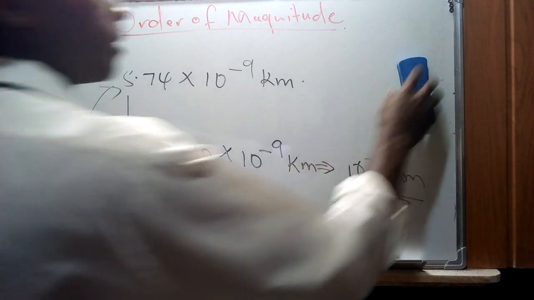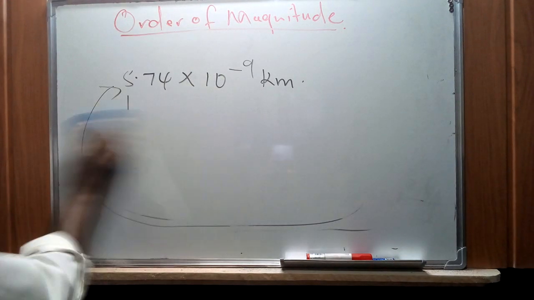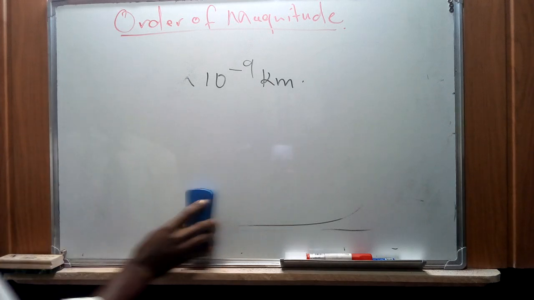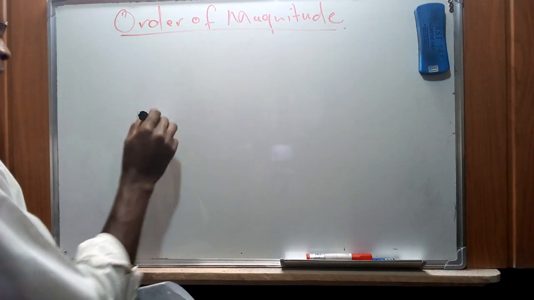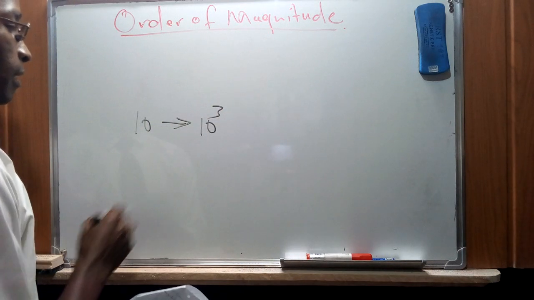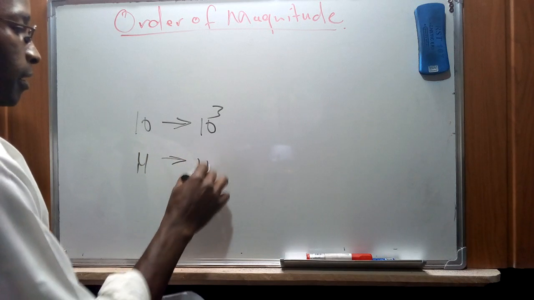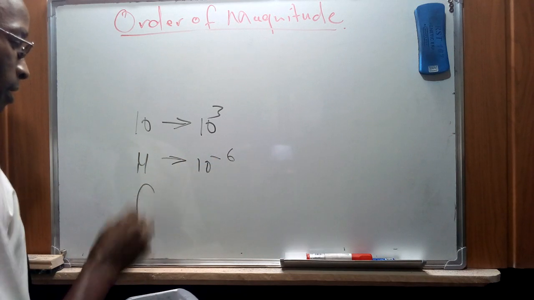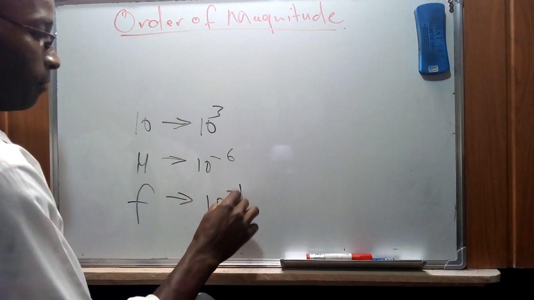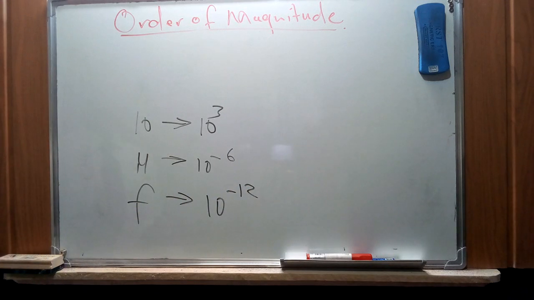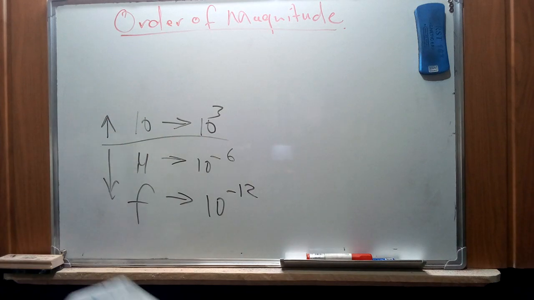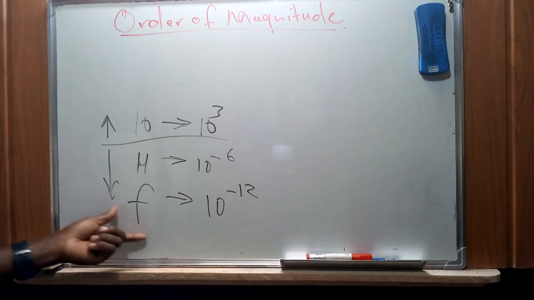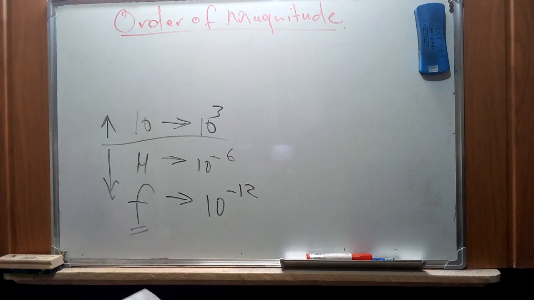There are different prefixes that we use to represent different quantities as far as the powers of 10 are concerned. Of course, we are familiar with the kilo, which represents 10 to the power 3, the micro, which represents 10 negative 6, and the femto, representing 10 negative 12, etc. So for the positive and negative powers of 10, as far as measurement is concerned, we have specific prefixes that we use to denote the quantities.